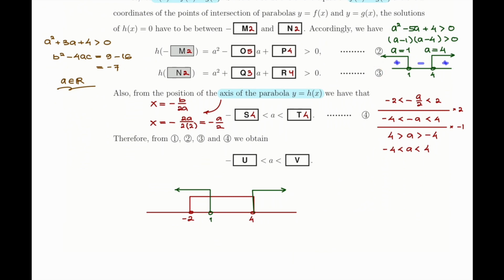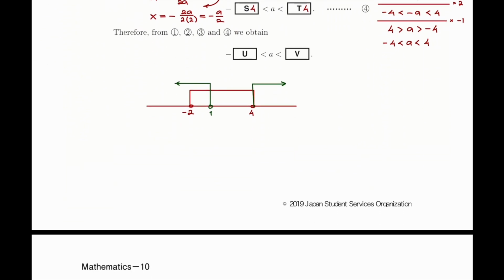And then for part 4, a is between -4 and 4. If you see from this number line, the region that is satisfied by 1, 2, of course 3 and 4 is this one.